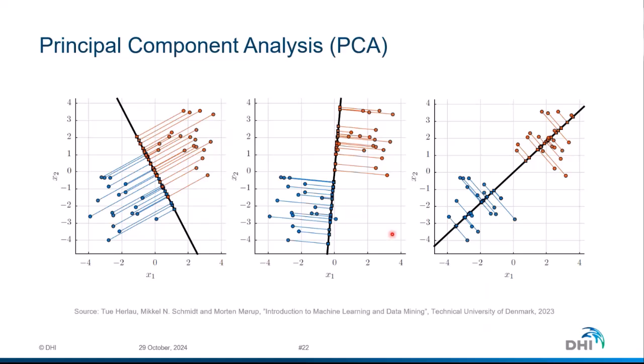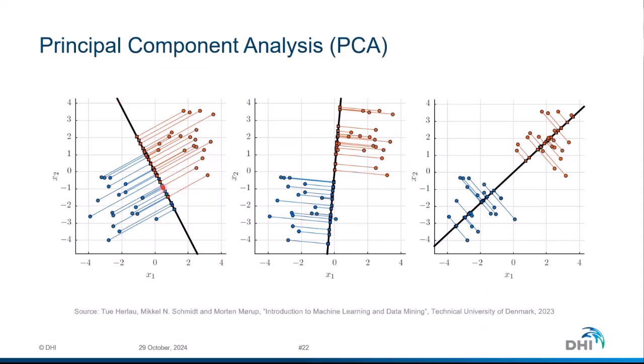So in this toy example here, I have some 2-dimensional data in x1 dimension, x2 dimension. In this case, it's a classification task, but it doesn't really matter. But we have some data here, and we want to find a projection or a directional vector to project the data on, to have it represented in a 1D space instead of 2D.